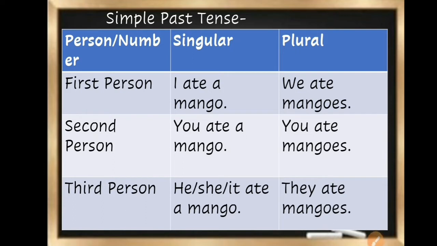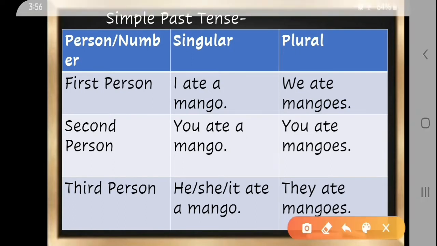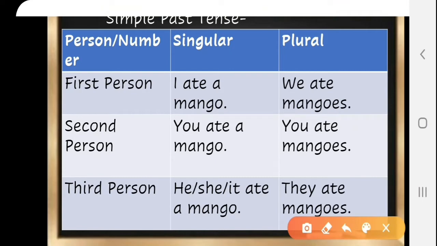See the table which describes subject verb coordination. Students, look here. First person singular subject I, first person plural we, second person singular you, second person plural you, third person singular he, she, it, third person plural they.